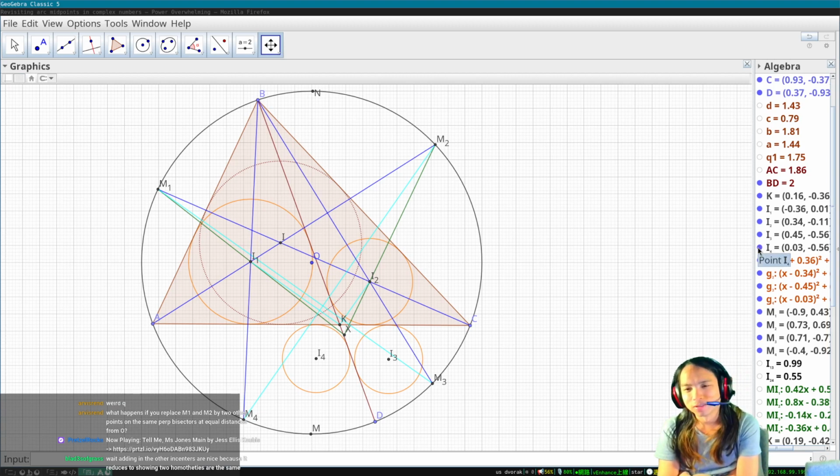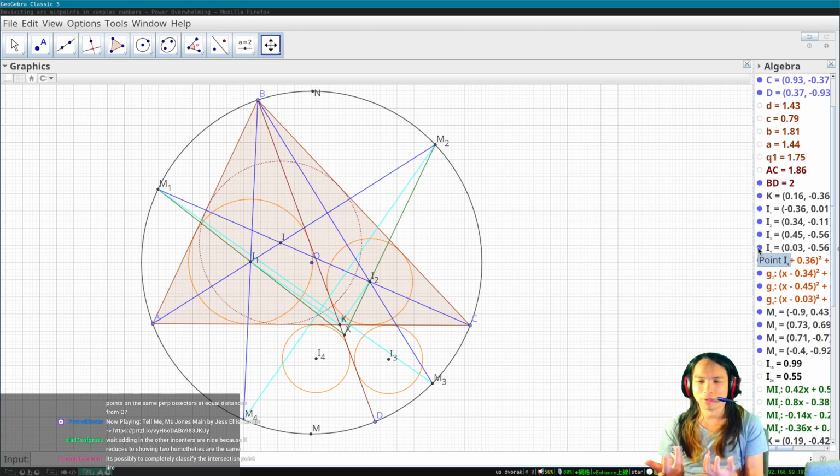So, okay, you're saying that there's an M3, I3, M1, I1. And the claim is that that homothety obviously has center on... Why is that clear?